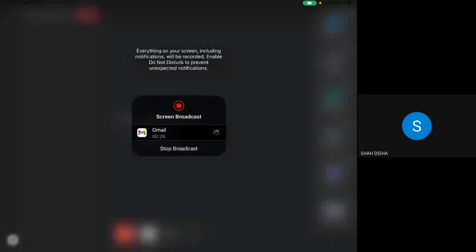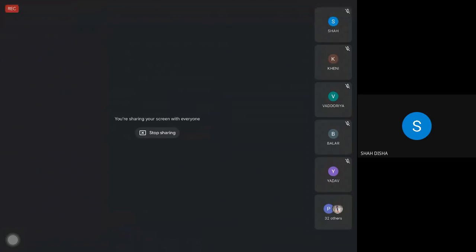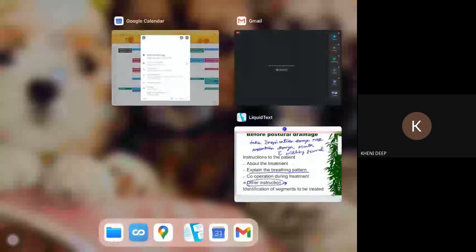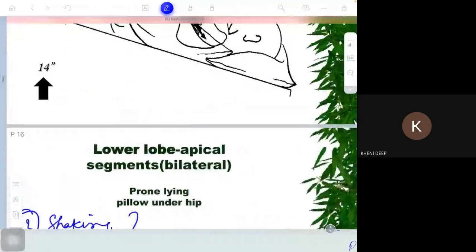Clear? So you will perform the shaking manipulation when you hear the whistling sound. Are you clear what I am saying? So this is how you can identify.